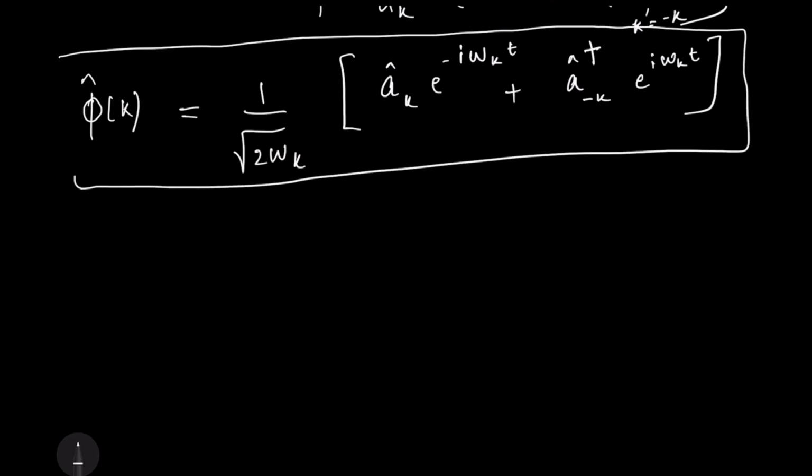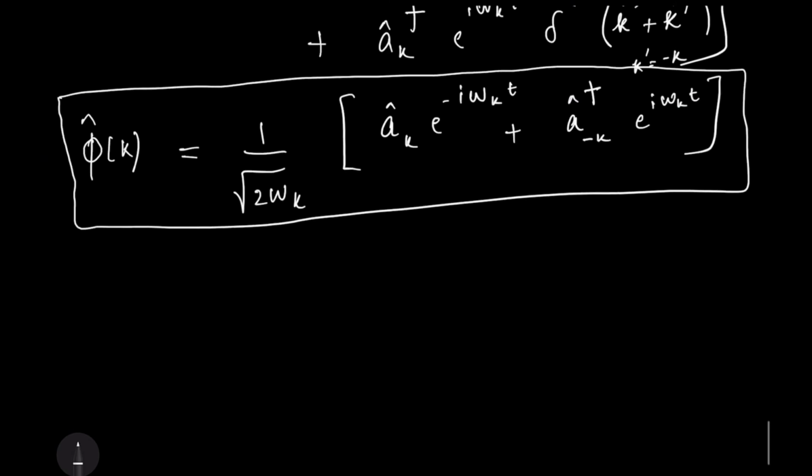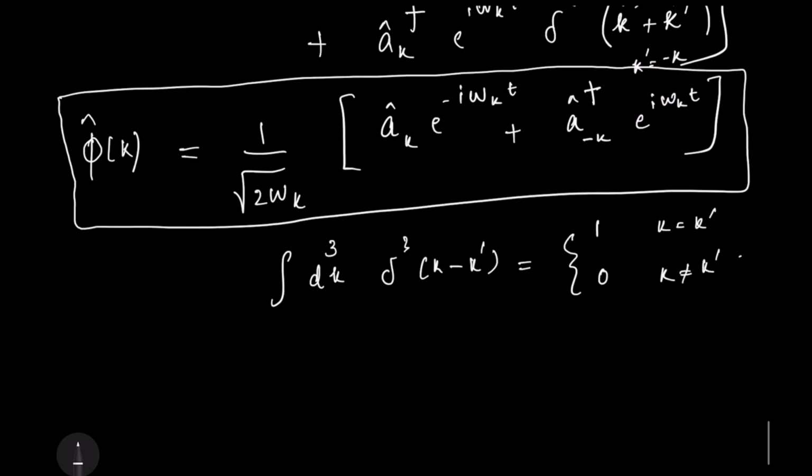Now similarly, using similar steps, I can also find out the Fourier transform of the momentum density pi. Before that, I'll just write down the standard equation that I have used in the last step: integral del cube of k minus k prime is equal to 1 if k equals k prime and 0 if k is not equal to k prime. Similarly for k plus k prime also.